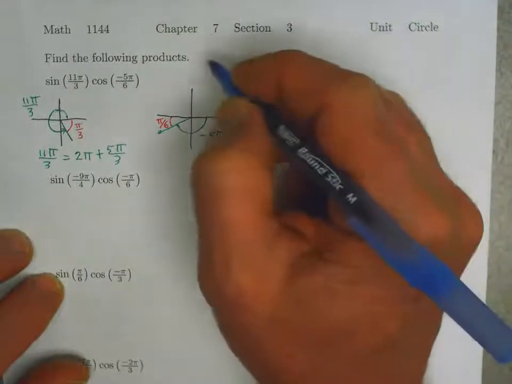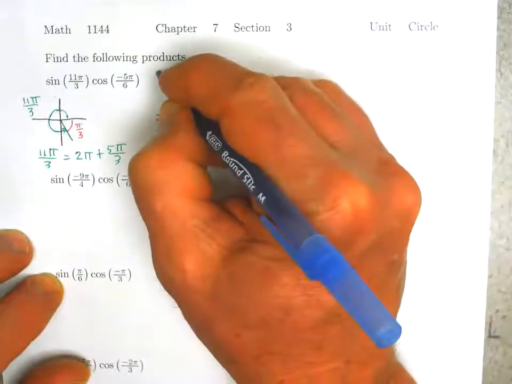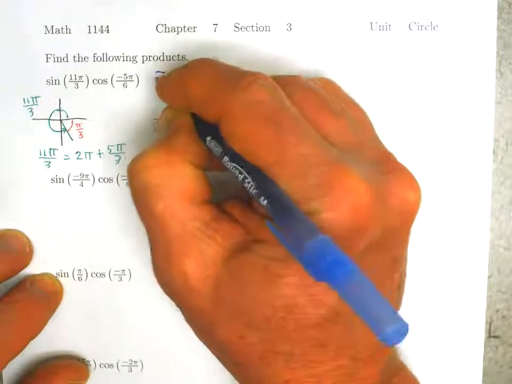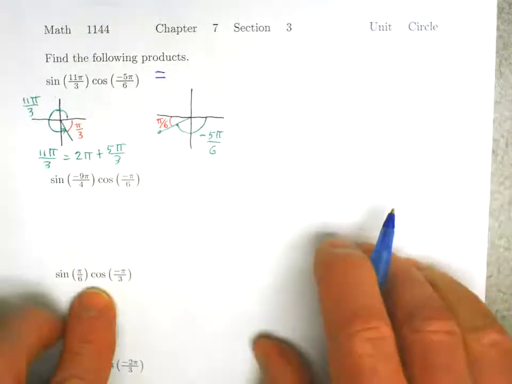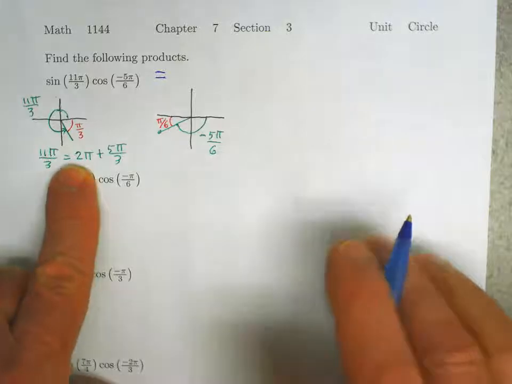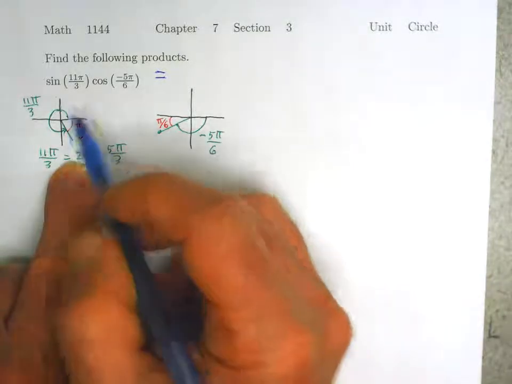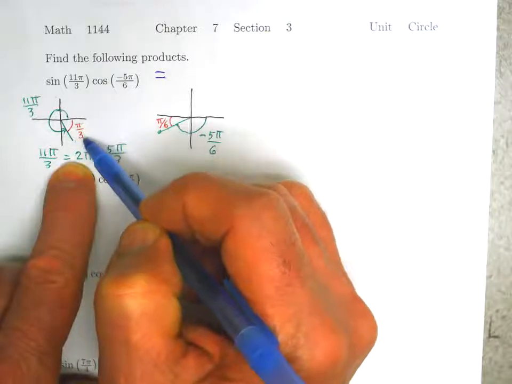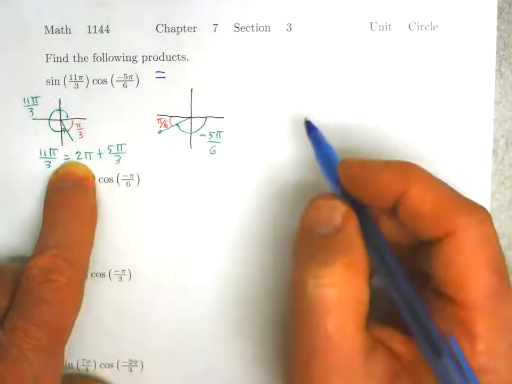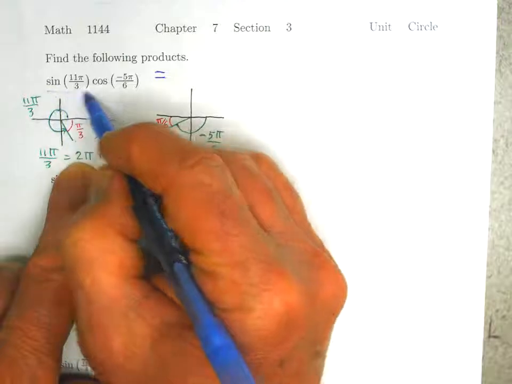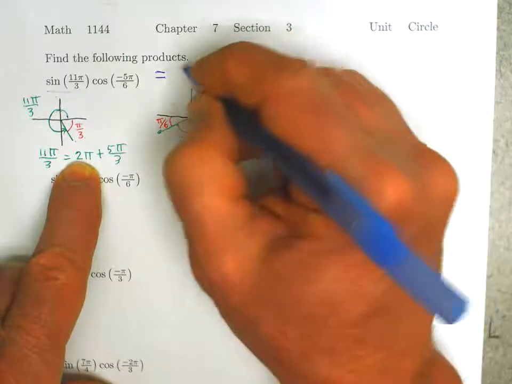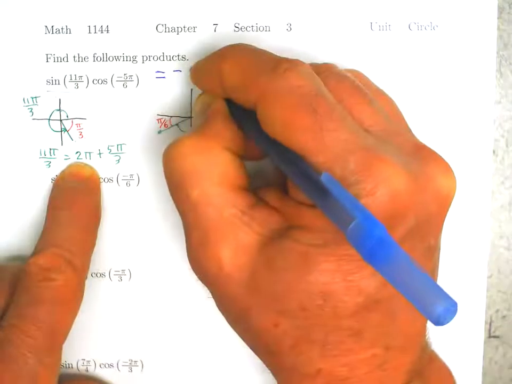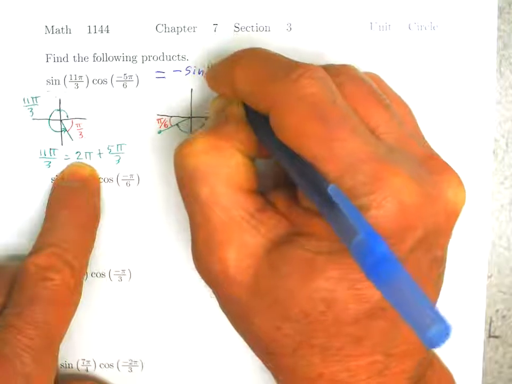Okay, so let's just write down what we know. We won't write all of the details like we did in the previous problems. Since 11 pi over 3 has a terminal side in the fourth quadrant, sine will be negative. So we'll just replace sine of 11 pi over 3 with the negative of sine of pi over 3.